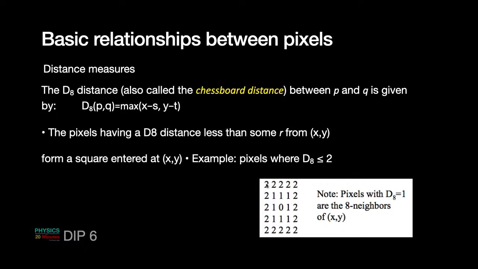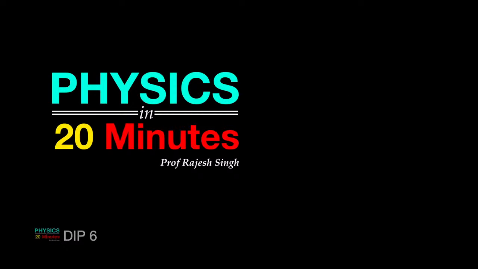Remember, this is a square, 1 2 3 4 5, 1 2 3 4 5. So you will create a square around the central pixel. So just by looking at the pattern of the image, you can guess what kind of distance has been calculated or measured. So we can stop here. Thank you.